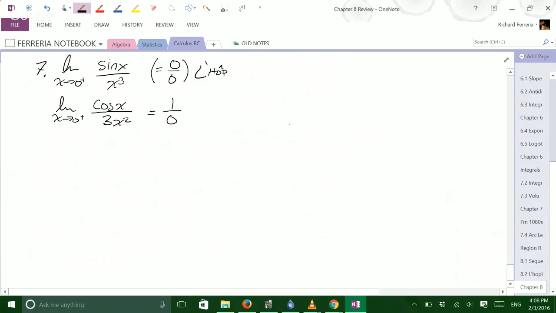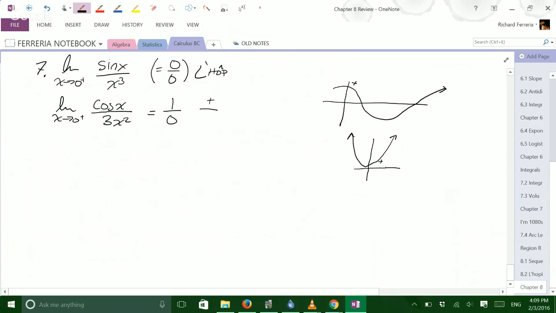The graph of cosine looks like this. Now, to the right, cosine is positive. So we're going to go to positive. On the bottom, let's take a look at the graph of 3x squared. 3x squared is just a parabola, no need to glorify it.